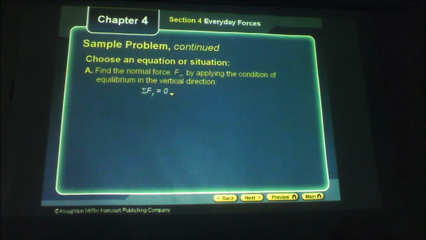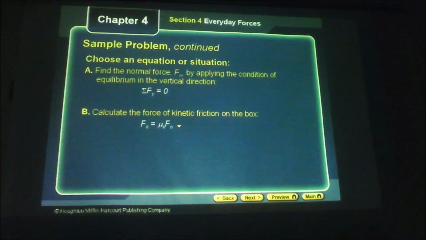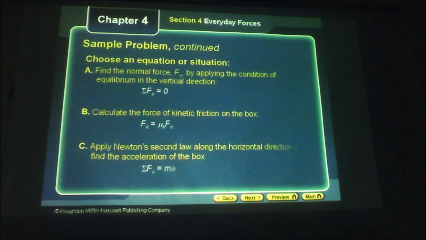So we want to find the normal force by applying the equilibrium condition in the vertical direction, where the sum is 0. Then we calculate the force of kinetic friction on the box by taking the coefficient of friction times the normal force. Then we apply Newton's second law along the horizontal direction to find the acceleration of the box.